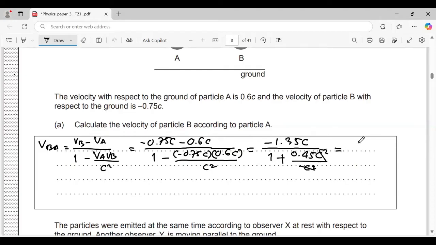So it's going to be minus 1.35 c over 1.45. And the result is minus 0.93 c. That one.